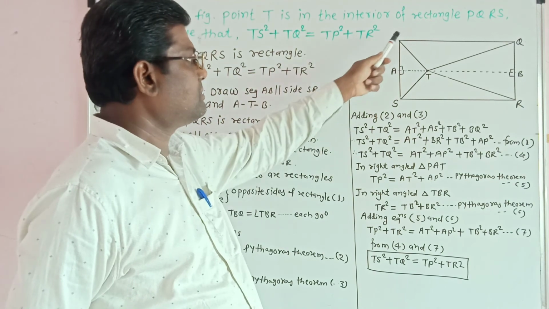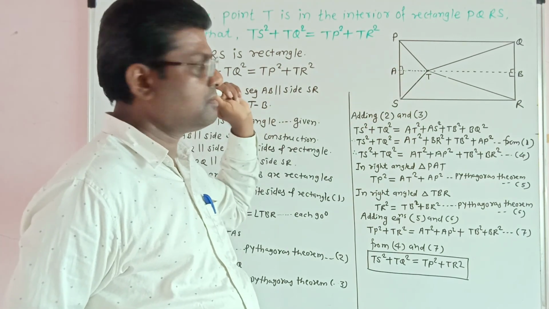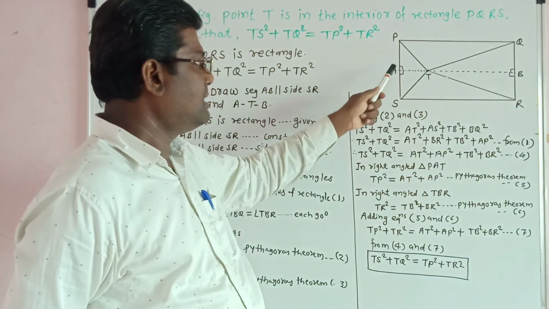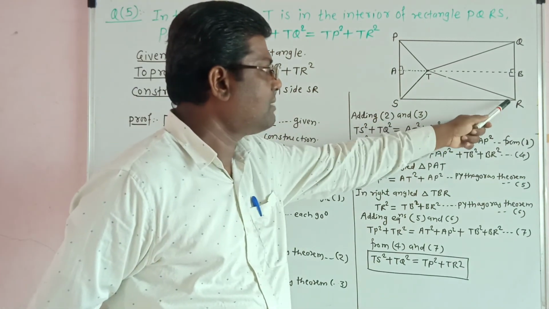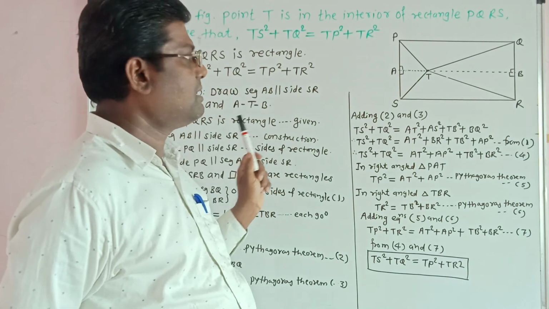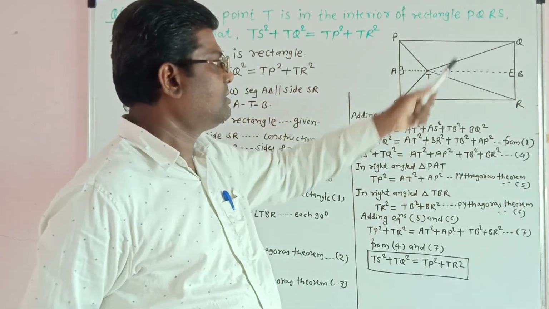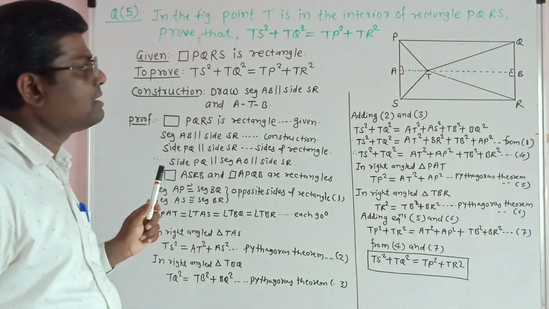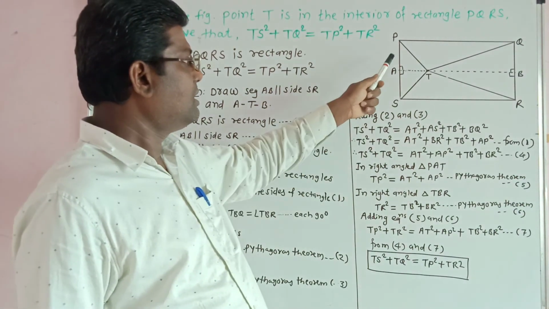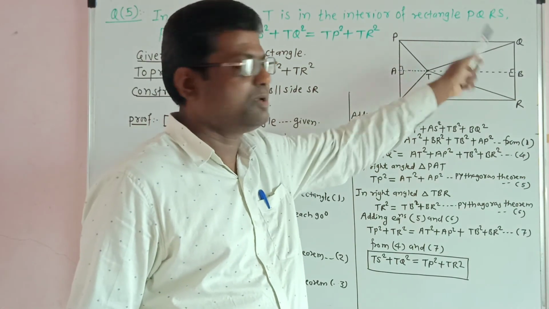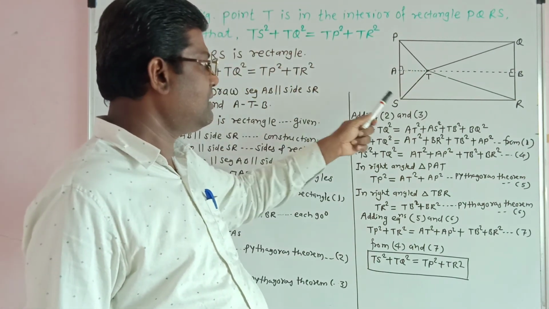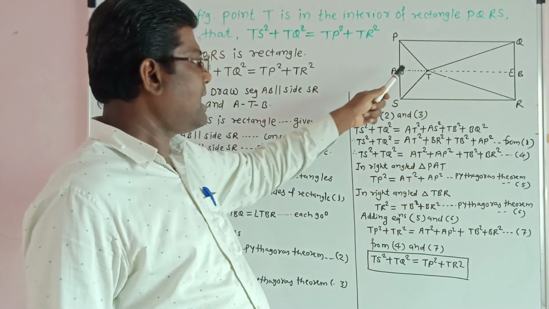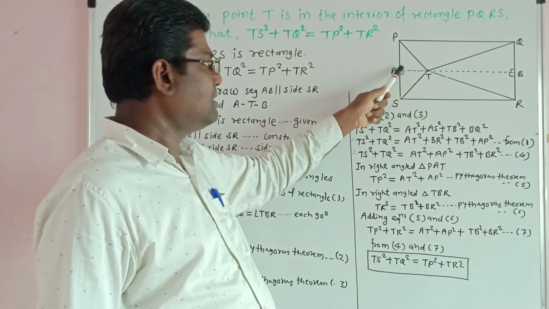Therefore, these three are rectangles. PQRS is a rectangle. Then ASRB is also a rectangle, and APQB is also a rectangle. Now AP is equal to BQ, opposite sides of a rectangle. AS is equal to BR, opposite sides of a rectangle, and these angles are 90 degree.